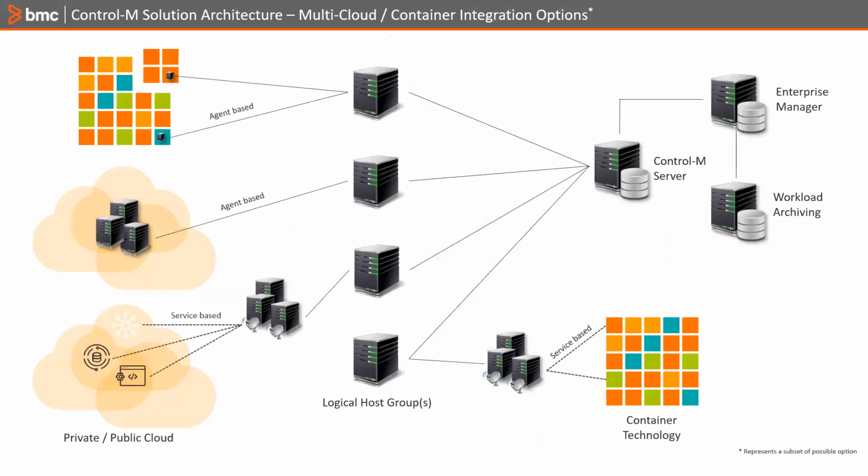This is the view of a hybrid environment where you have your Control-M landscape presented here in the upper right corner, where you have Enterprise Manager, your Control-M server, your workload archiving, and Control-M logical host groups, which are connecting to, let's say, a container where Control-M agents are residing inside the pod.